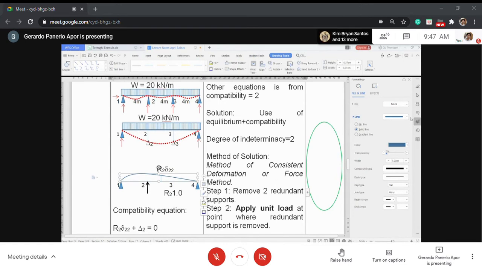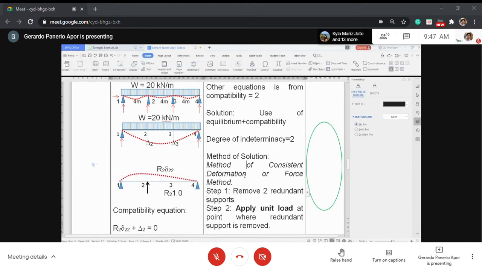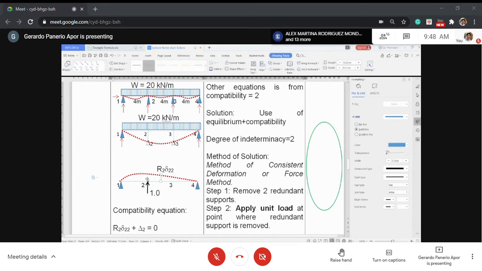Dahil sa may color. Okay. So, dili siya symmetrical. Why? Because the load is biased to the left. Okay. I will call this unit load 1. Okay, 1.0. So what happened is that there is this deflection. Okay.